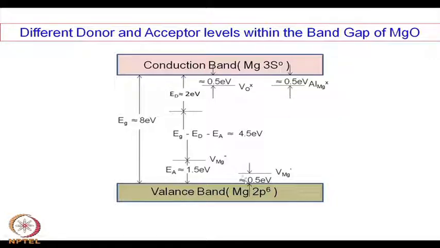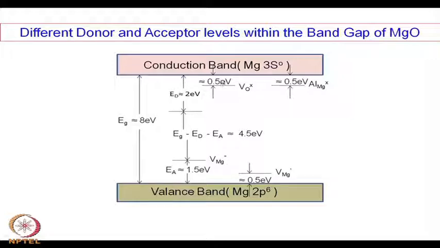They will accept electrons, and the typical energy levels are about 0.5 electron volt in this case and about 1.5 electron volts in this case. So, this is singly charged and this is doubly charged. We mostly get doubly charged ions. So, it gets energy states within the band, and therefore, conduction is possible, to some extent.